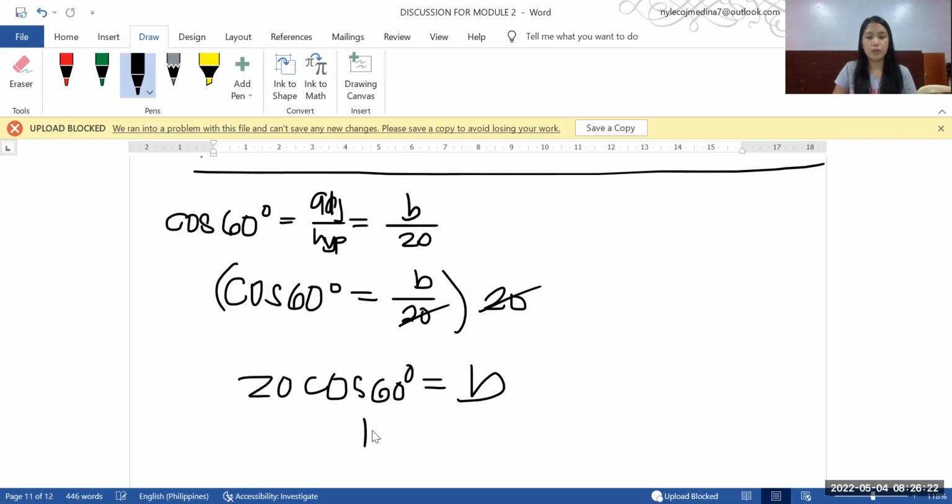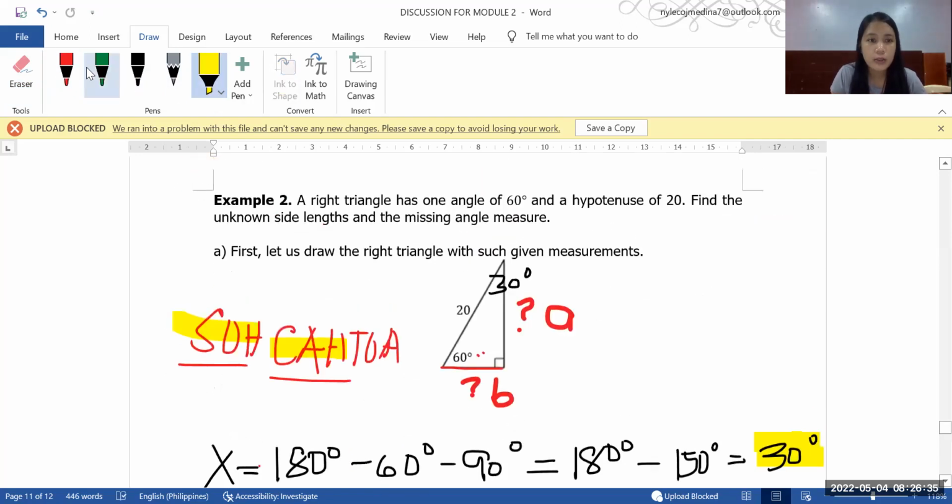So B is equal to 10. That is the value of B, which we substitute in the drawing.